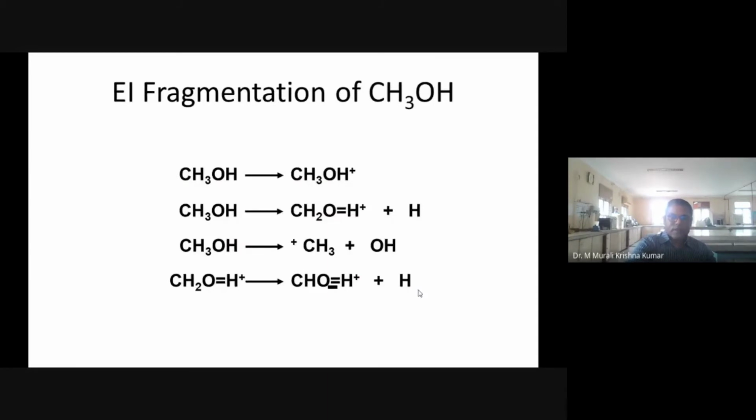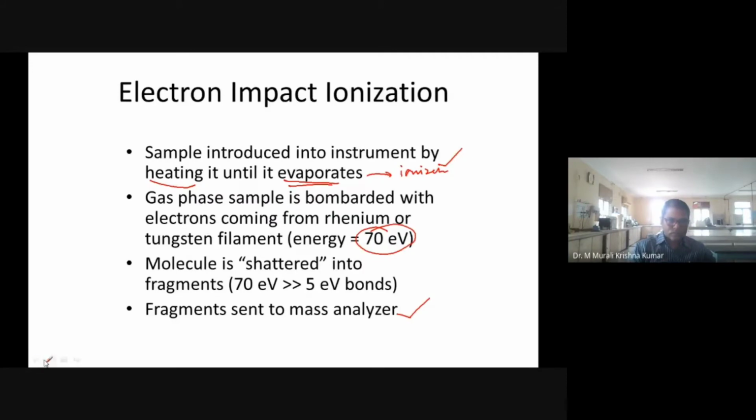Okay, so here the conditions are: in case of electron impact ionization, one is the sample must be volatile or gas. Third one is it must be thermostable.